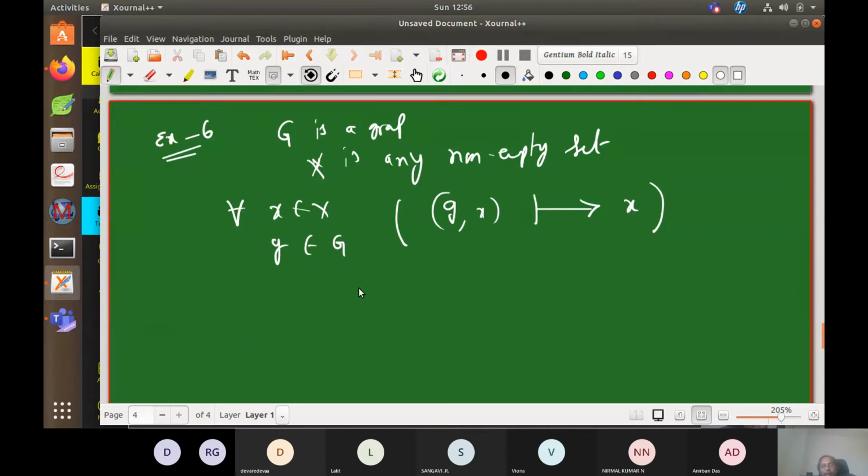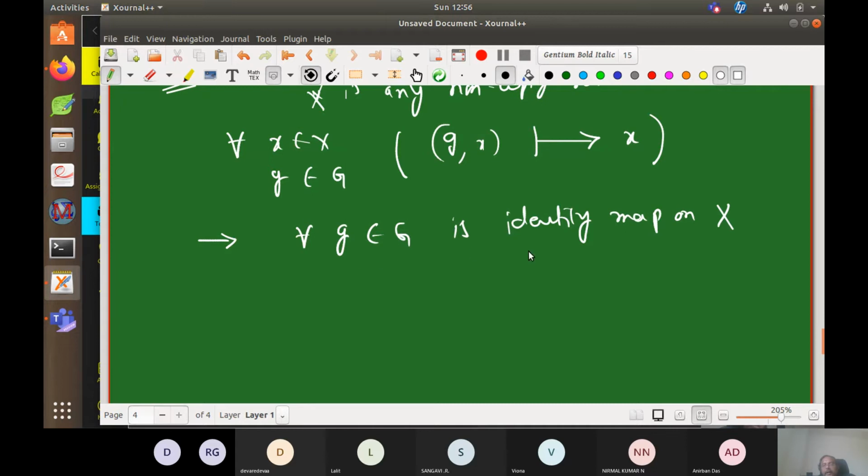So what is happening in this example? Every g belonging to G is the identity map on X. Good.